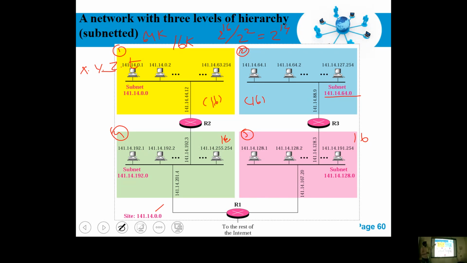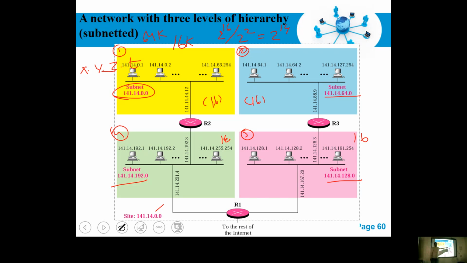So 256 by 4 gives that. Then the next number, 64 plus 64, is 128. The third one starts at 128, and the fourth one starts at 192. So the first one starts at 0.0, the second at 64, the third at 128, and the fourth at 192.